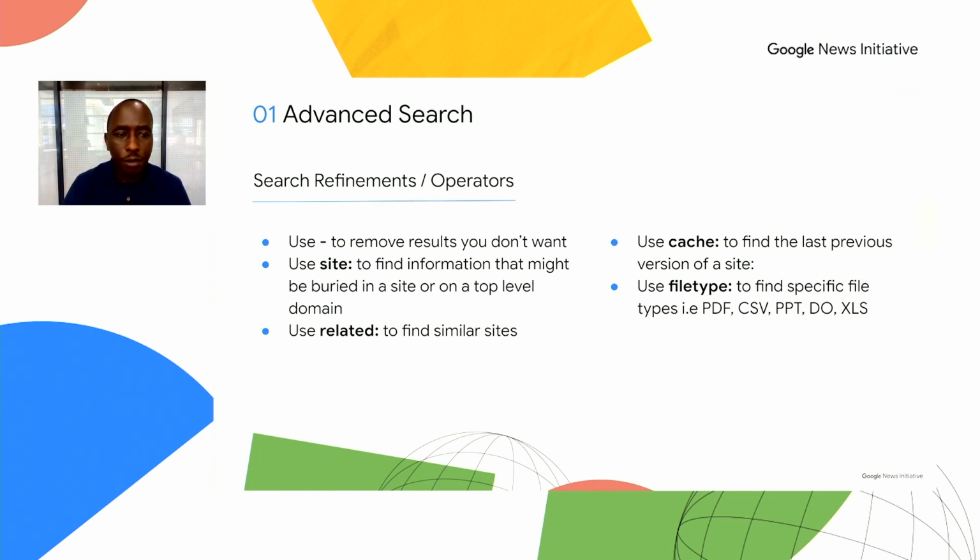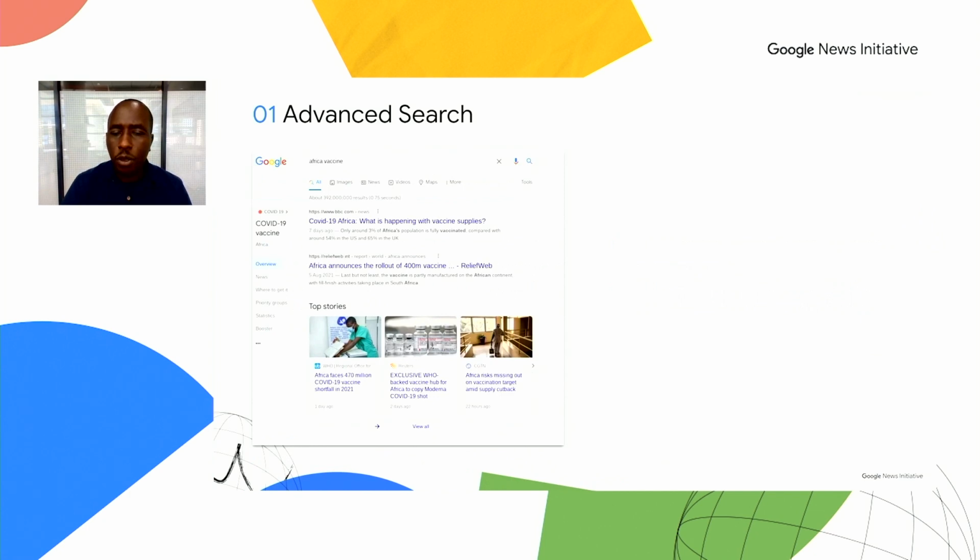So we now look at a few examples which you can also try out. Due to the fact that COVID-19 has been a trending subject for almost 2 years now, the likelihood of you getting COVID-19 vaccine when you search for just the term vaccine in Africa is quite high. But let's say, for example, you are looking for new information about vaccination, but not about COVID-19 vaccination.